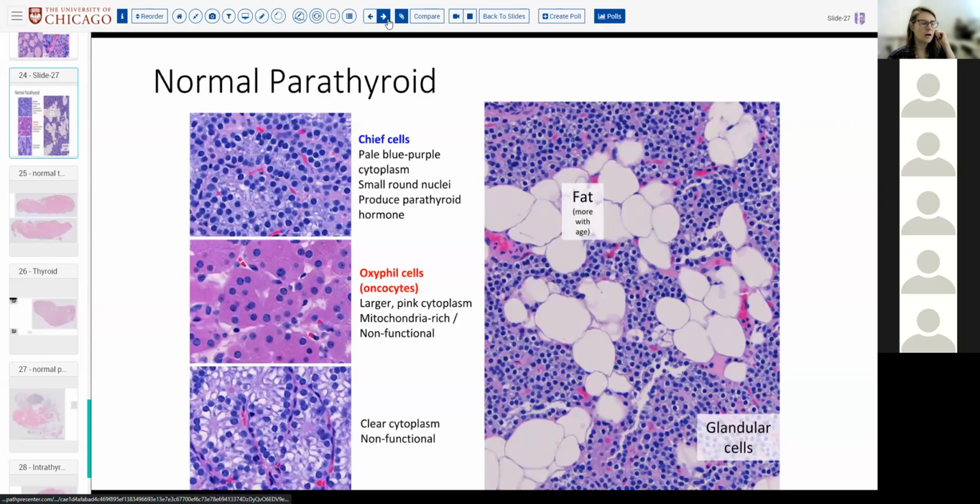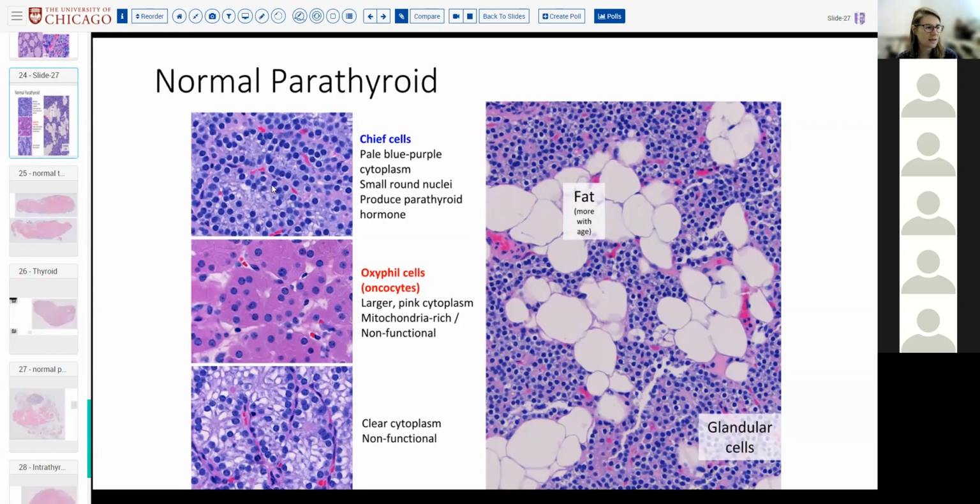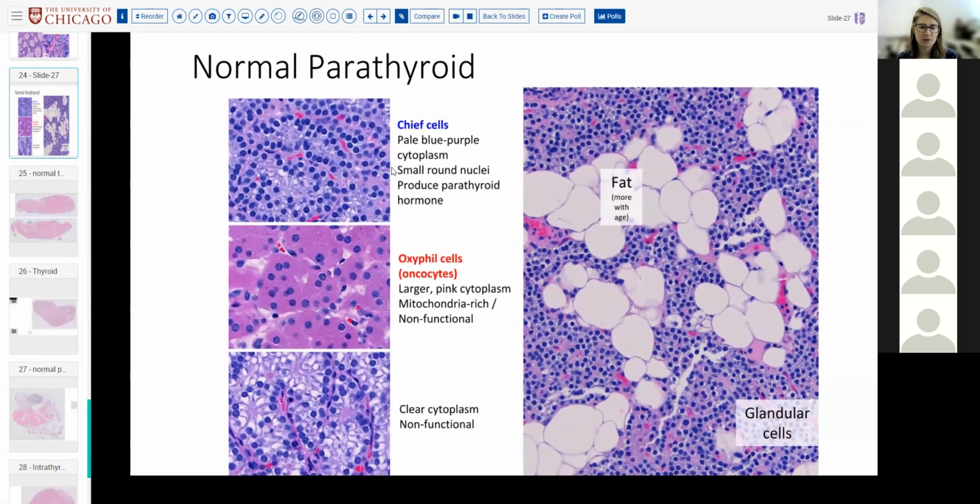All right. Parathyroid is normally the four small glands that sit around the thyroid, usually on the posterior aspect. So right and left superior, right and left inferior. The three cell types that you're going to see are the chief cells, which are the main functional cells, with a kind of pale basophilic cytoplasm.